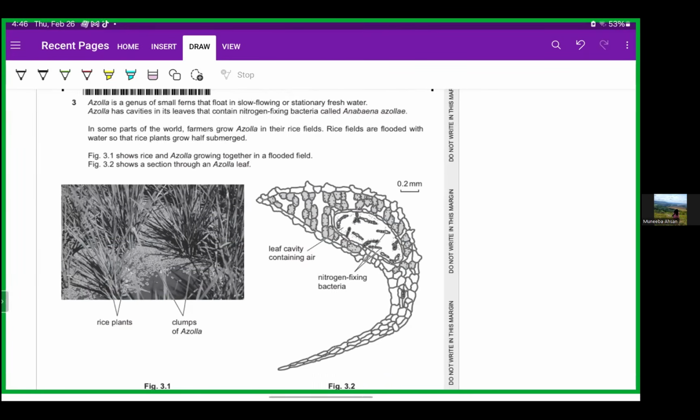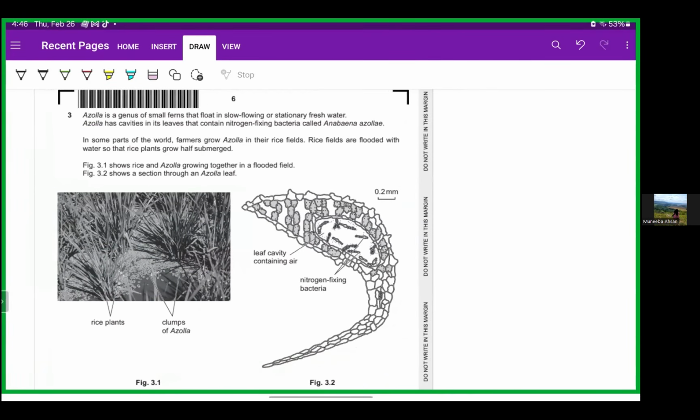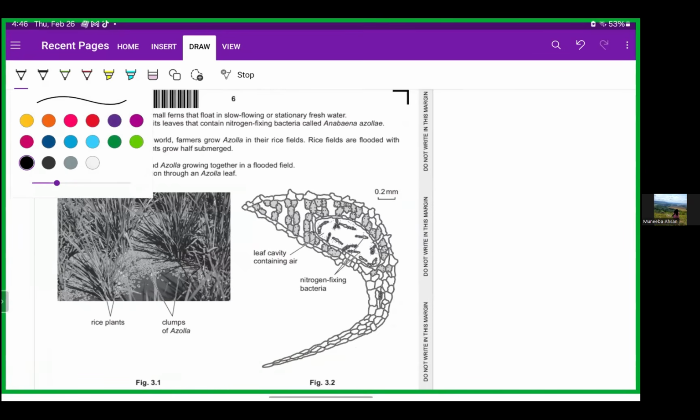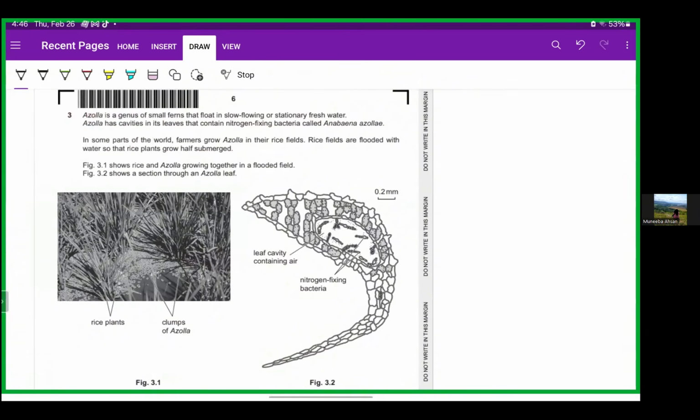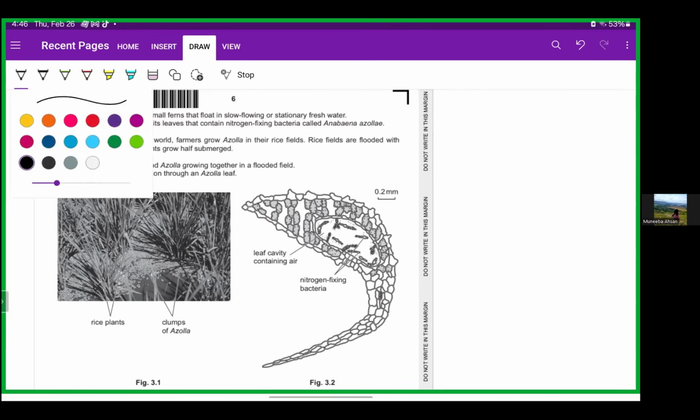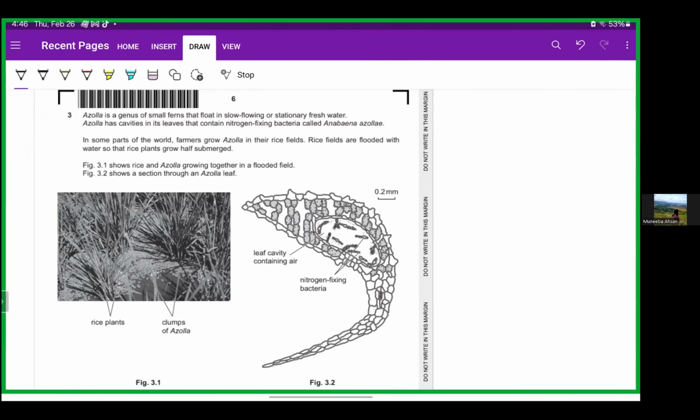Okay, so the next question is: Azolla is a genus of small ferns that float in slow flowing or stationary fresh water. Azolla has cavities in its leaves that contain nitrogen fixing bacteria called Anabaena azollae.